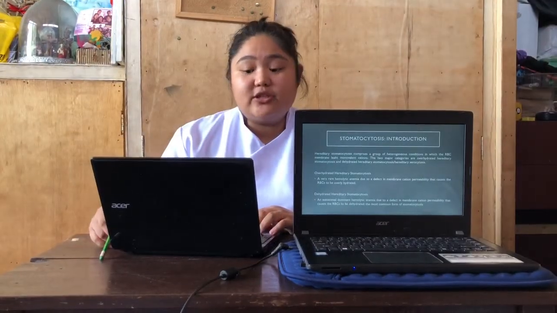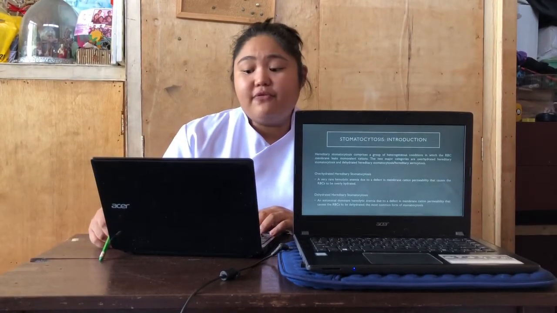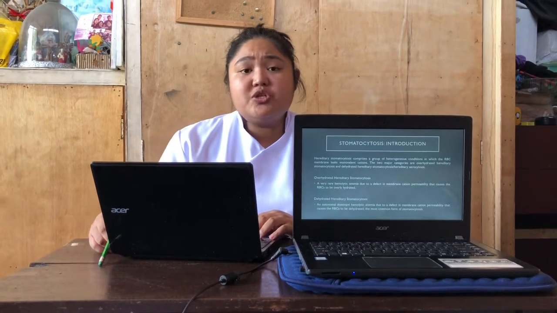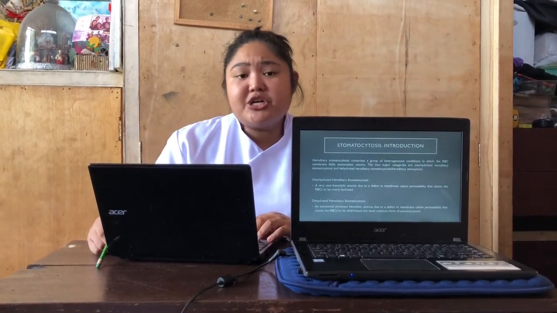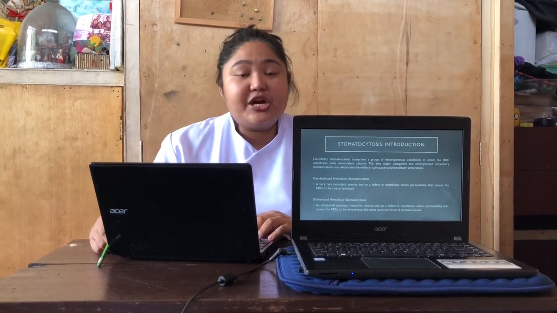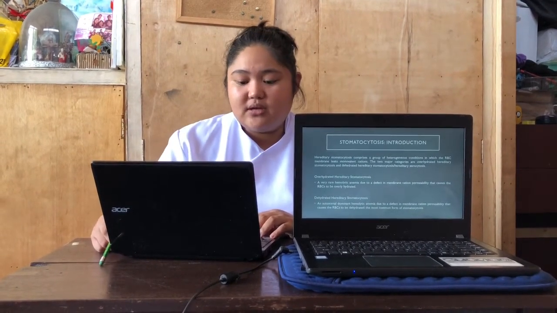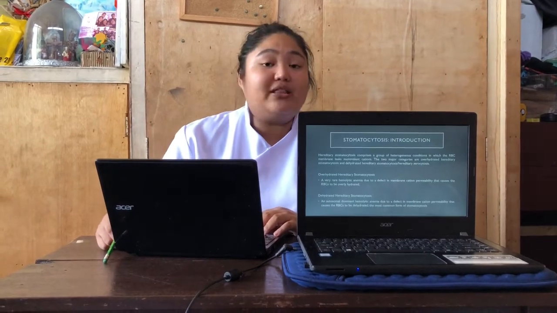Hereditary stomatocytosis comprises a group of heterogeneous conditions in which the RBC membrane leaks monovalent cations. The two major categories are overhydrated hereditary stomatocytosis and dehydrated hereditary stomatocytosis.